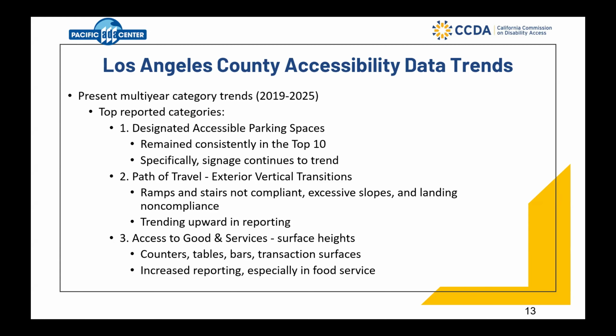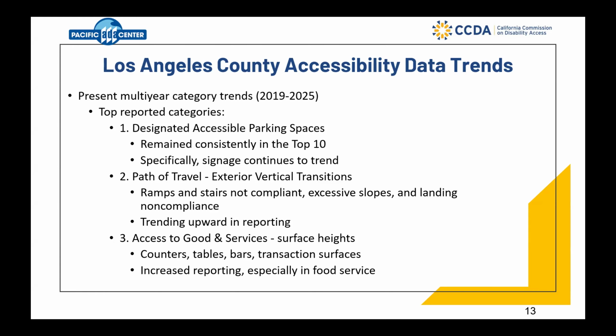Also, path of travel, exterior vertical transitions. That's a fancy way of saying ramps and stairs not being compliant. Maybe it was too steep of a slope when someone was trying to enter the front of a building, or the landing was dangerous or non-compliant in some other way. And that has been trending upward over the last several years with our data.